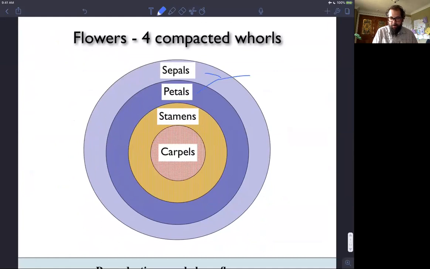These are our vegetative whorls, or sterile whorls of the flower. And then the stamens and carpels make up the male and female parts. And these are the fertile reproductive whorls.